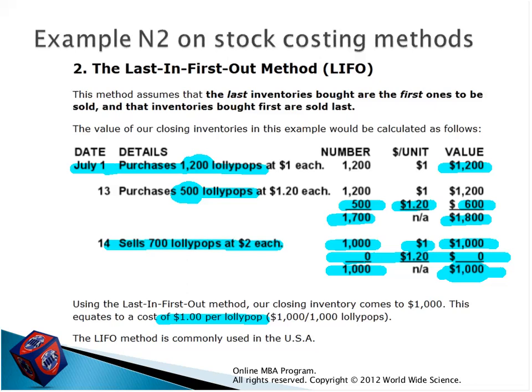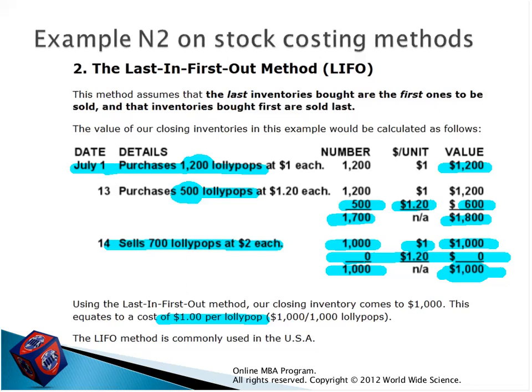Let me do it correctly. Sometimes it's confusing. And then we are taking the 200 lollipops from the first purchase.